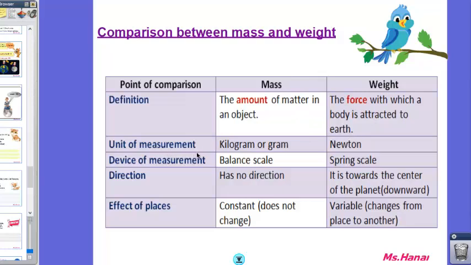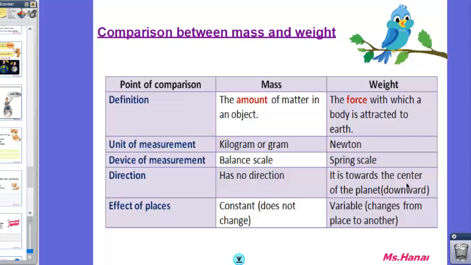From the point of unit, the measuring unit of mass is kilogram or gram, while Newton for weight. From the point of device, balance scale for mass while spring scale for weight. From the point of direction, mass has no direction while the weight has direction, which is toward the center of the Earth.